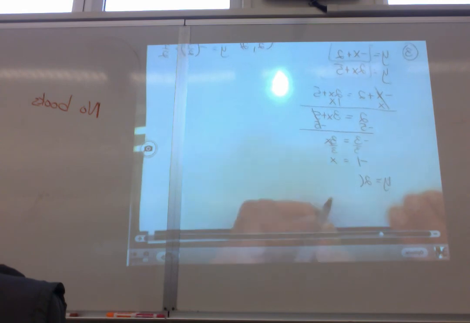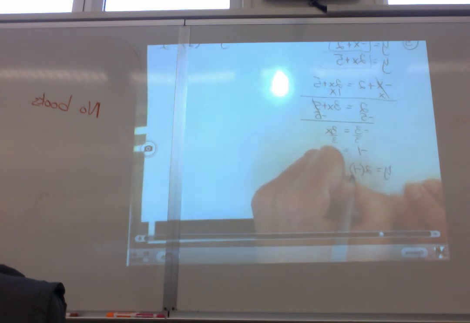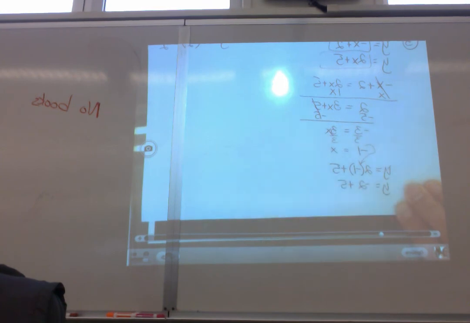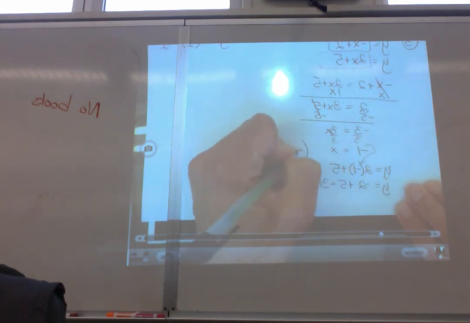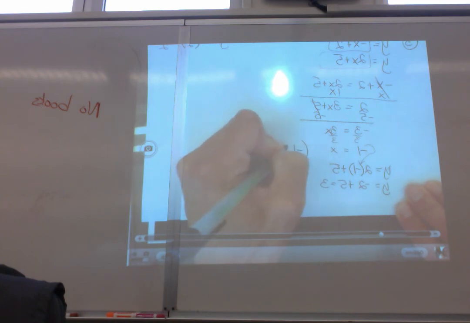I'm going to substitute negative 1 plus 5. The plus 5 was part of the equation. The 2 was part of the equation. I'm just using minus 1 to replace the x. Y equals 3. So as an ordered pair, this is negative 1 for the x, 3 for the y.